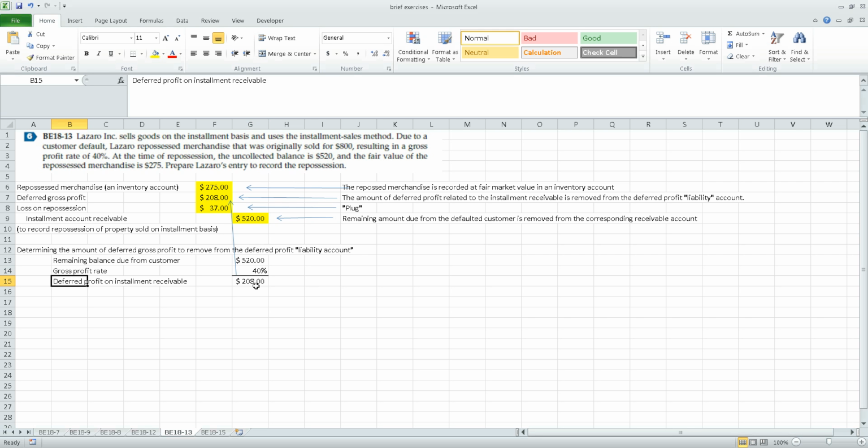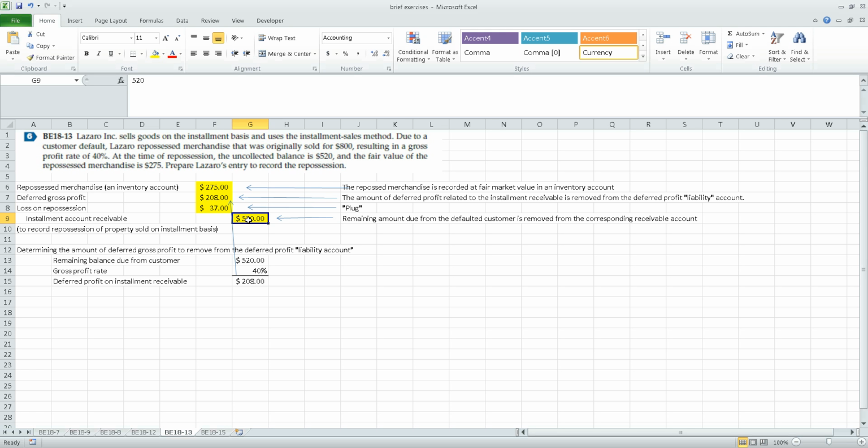The result of that calculation, 208, is the amount that is embedded in the deferred profit general ledger account that is attributable to this installment receivable. We're going to remove that balance from the deferred gross profit account by means of a debit entry.